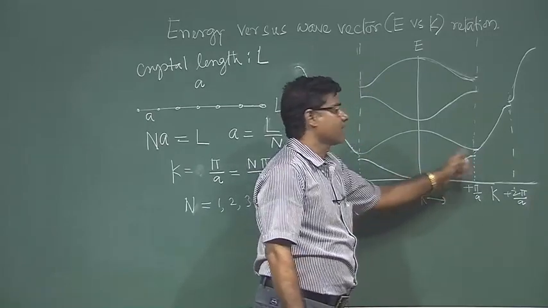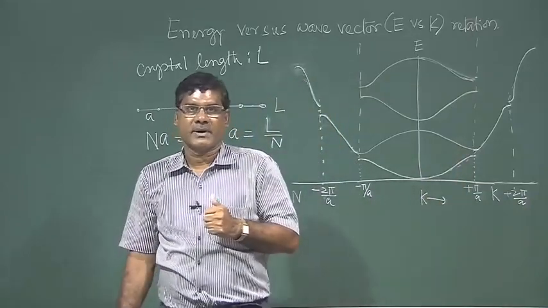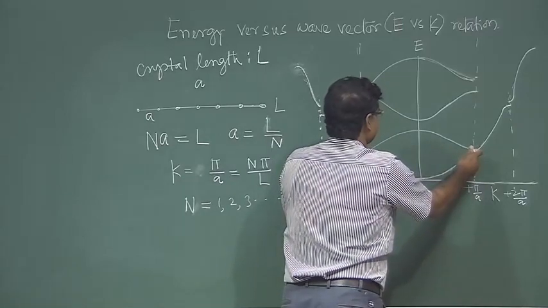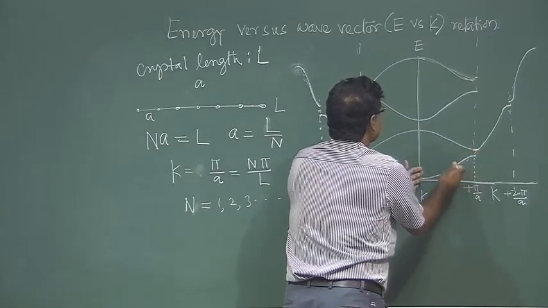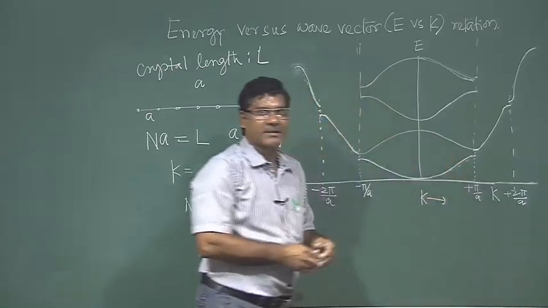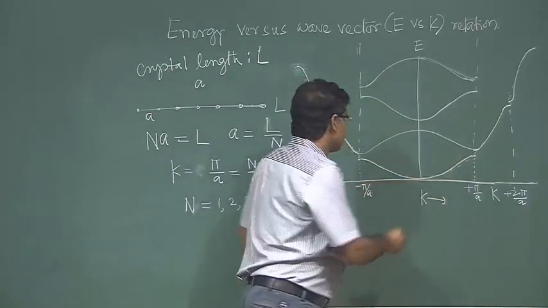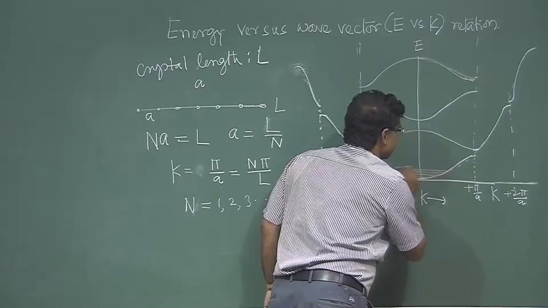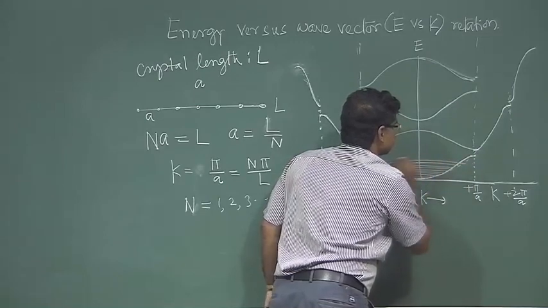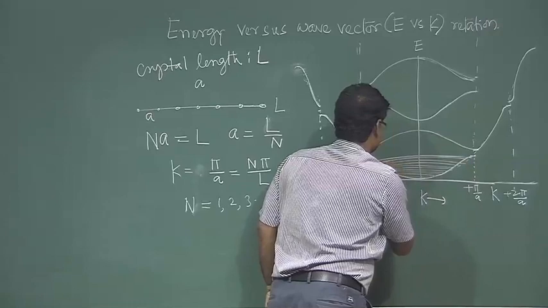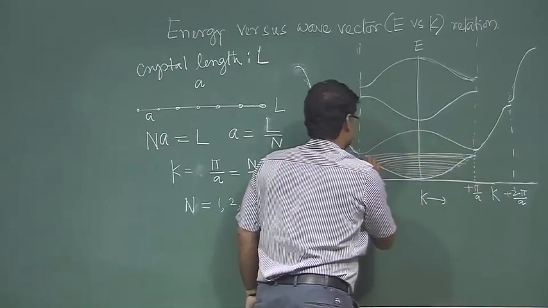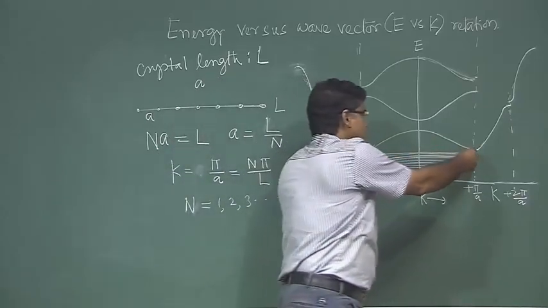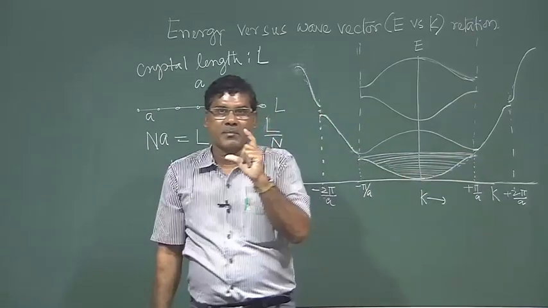So, in this region we will get n number of wave functions or n number of states having different energy, and they are now discrete. And you know this zone represents just one band, right.